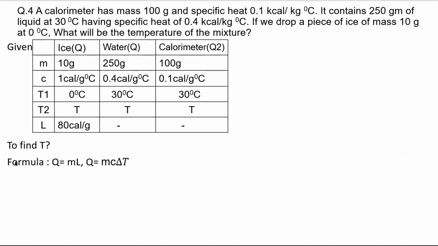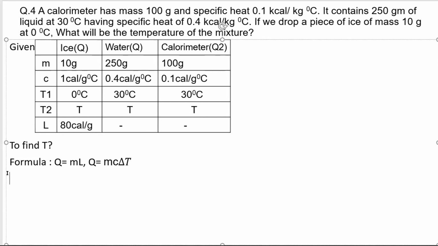Next step is to find the T value, the temperature of the mixture. The formula used is Q is equal to mL and Q is equal to mc delta T. We know when ice at 0 degrees Celsius absorbs heat, first we will start with ice.